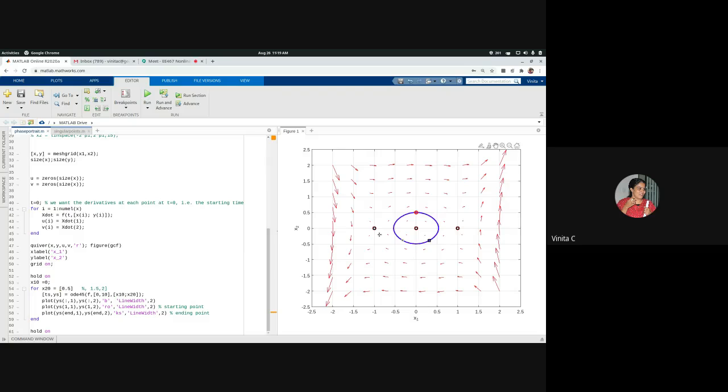So it is a combined effect of these two equilibrium points, which is this curve.